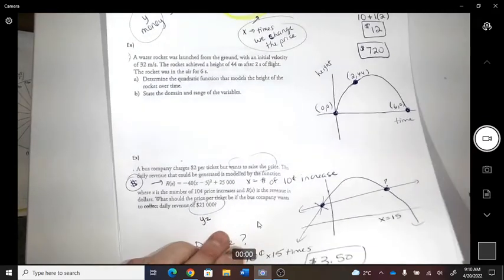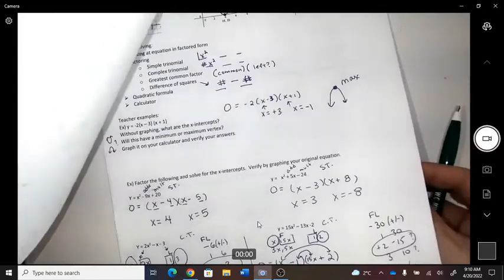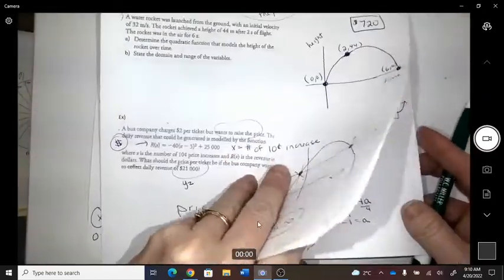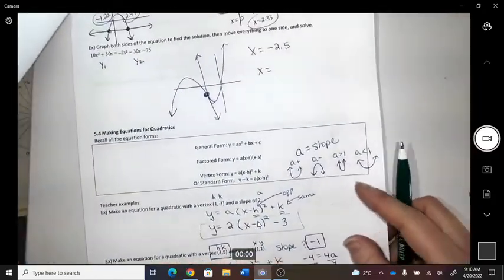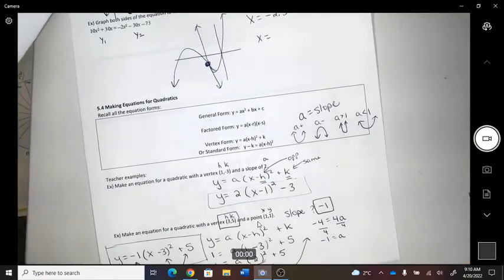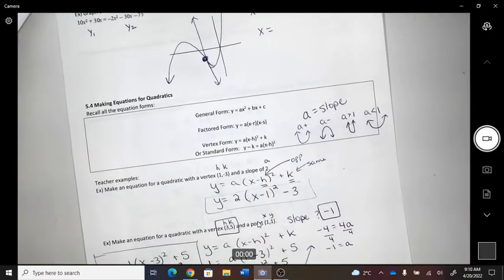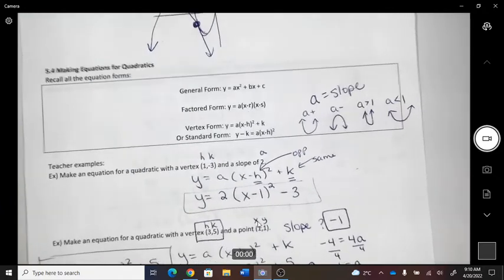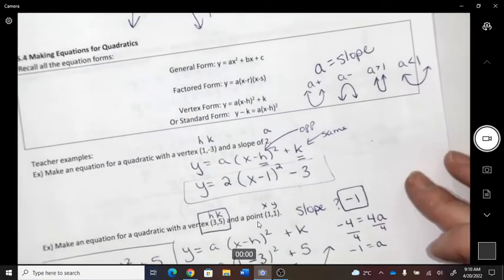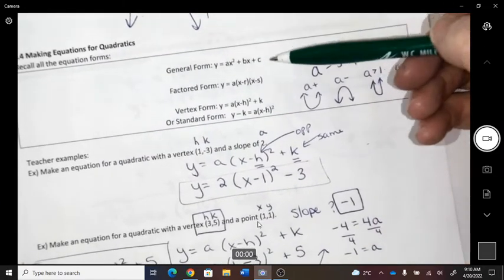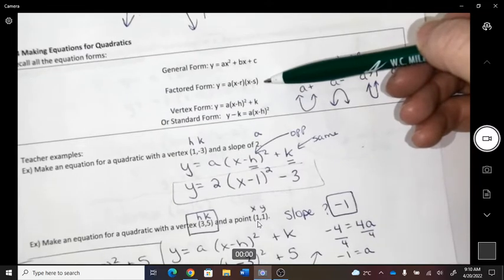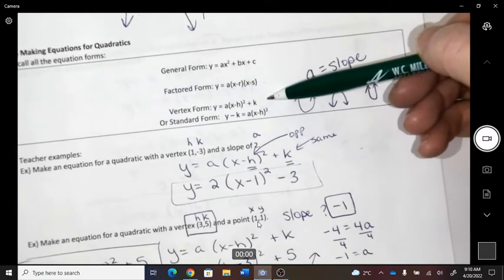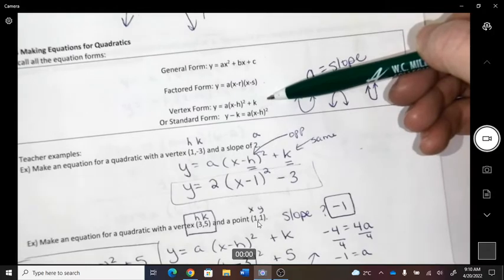Okay, so 2 lessons ago here, we learned equations. So I gave you this. I should probably give you a nice sheet where it's all just on there. So which form do you think I'm going to go with? General, factors, because I know x-intercepts, or vertex form because I know the vertex?